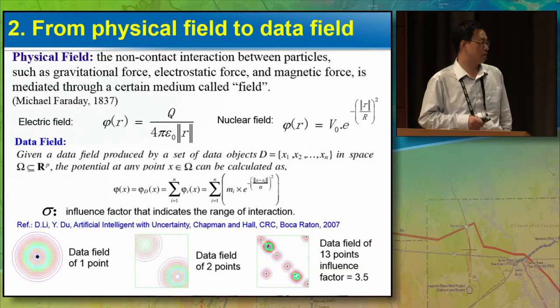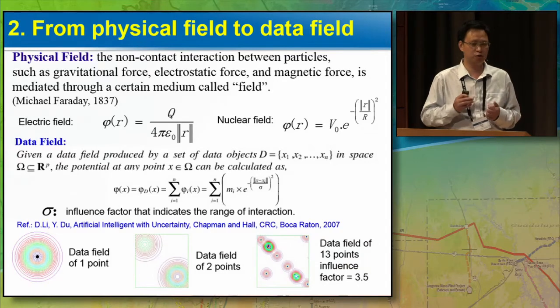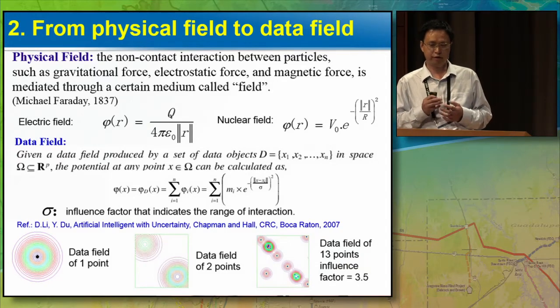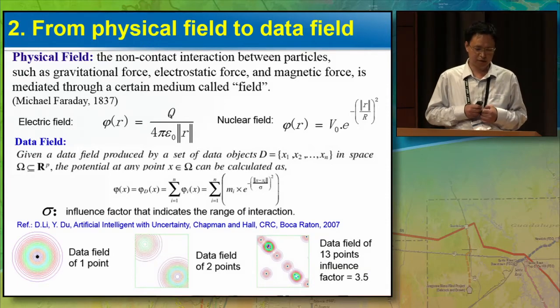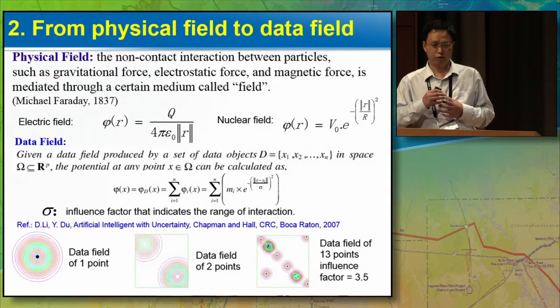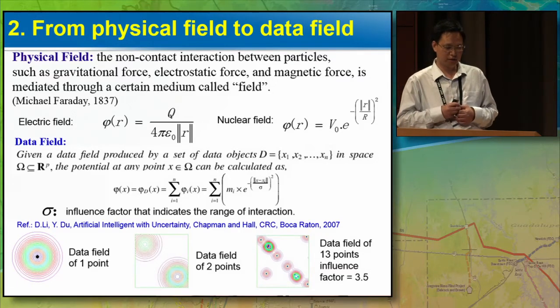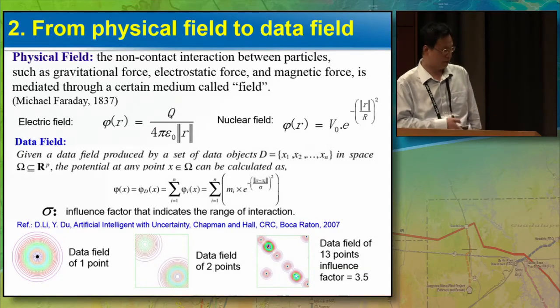But the data field is from another viewpoint. It's a try to introduce some theories in physics to data analysis and GIS. Maybe in the future we will introduce more theories from physics to GIS. Maybe it will produce some new theories and new methods.